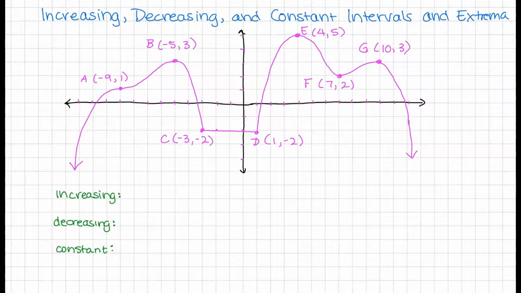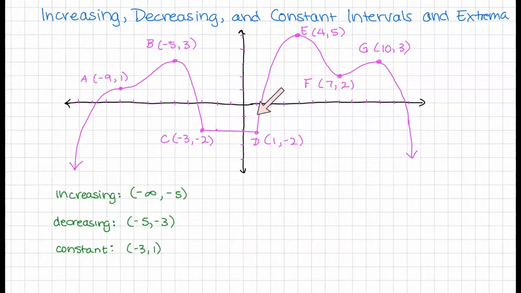So from -infinity to -5, the graph is increasing. Then from x equals -5 to x equals -3, the graph is decreasing. Then from x equals -3 to x equals 1, the graph is constant.